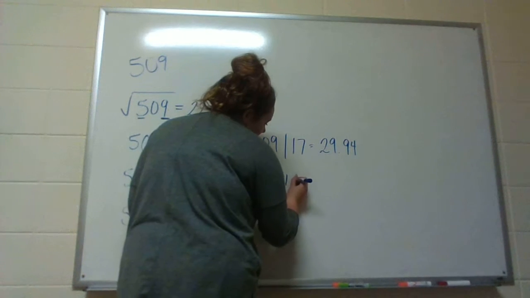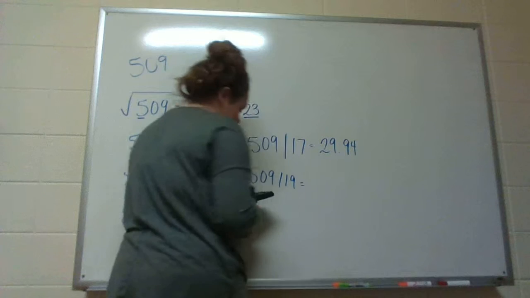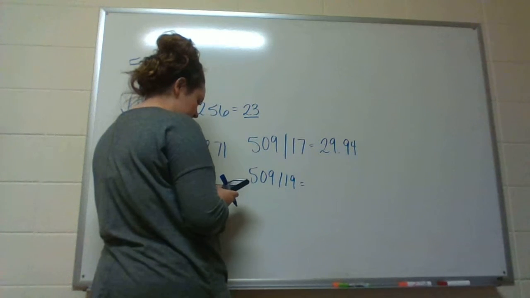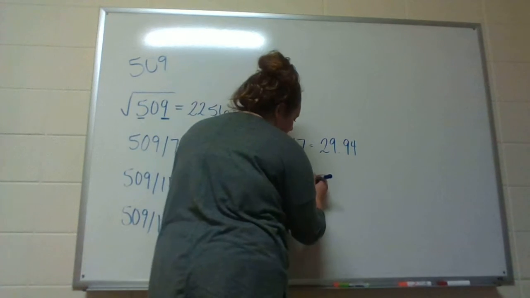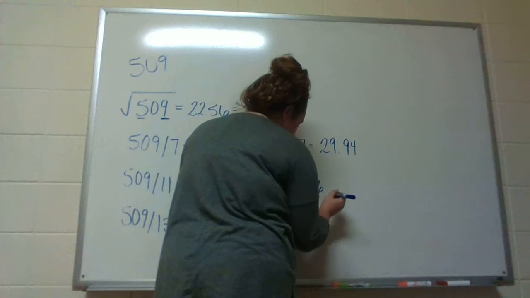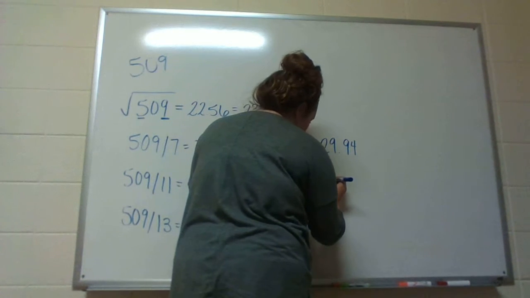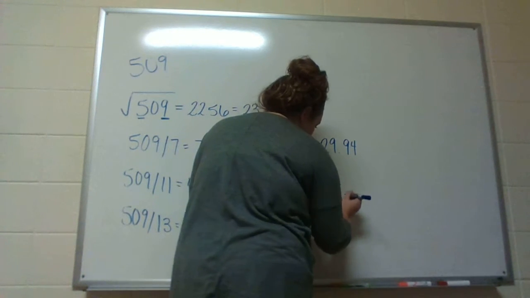Next we will do 509 divided by 19, which is equal to 26.79.